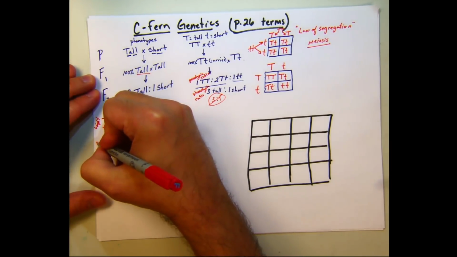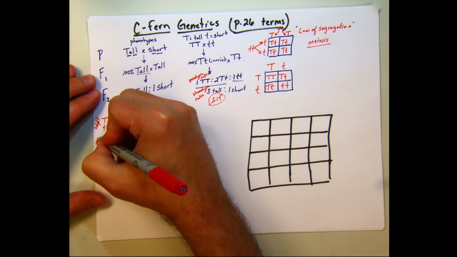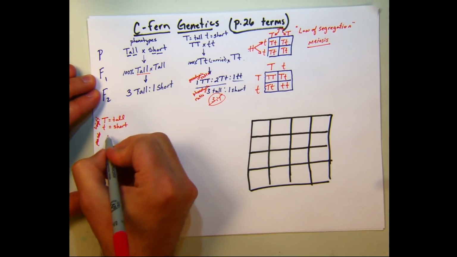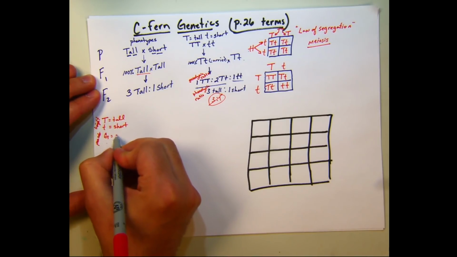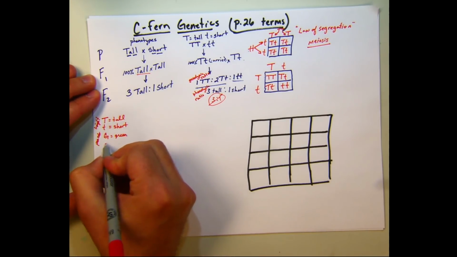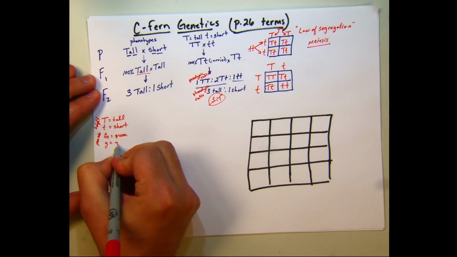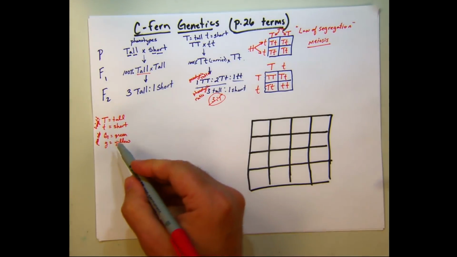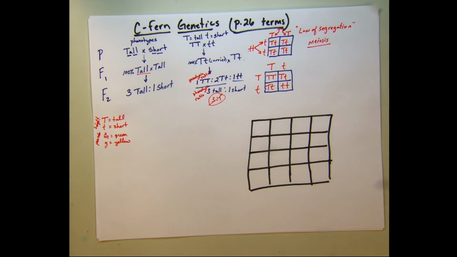Right, and then pea color. Now, is the pea going to be green or is it going to be yellow? Where green is the dominant allele.